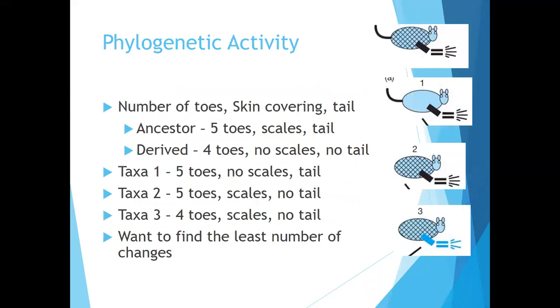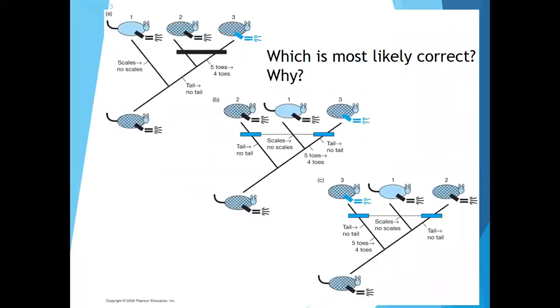We went through this activity in class, and when we went through the most ancestral at the top and then the more derived below, we looked at these, and you may want to pause it here to go through this again to remind yourself, but we decided that A is the more parsimonious and that B and C were probably not correct. A requires only 3 changes, whereas B and C each require 4.